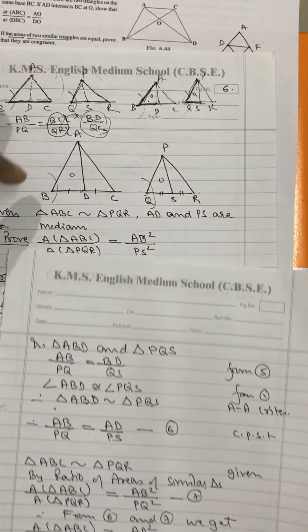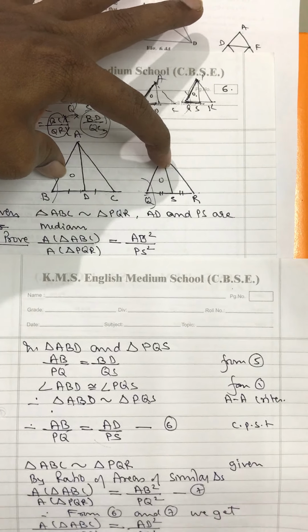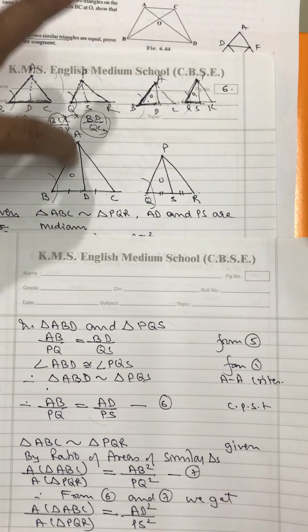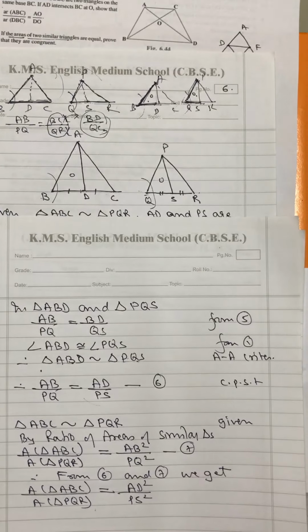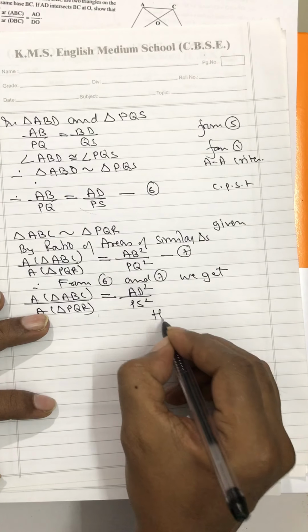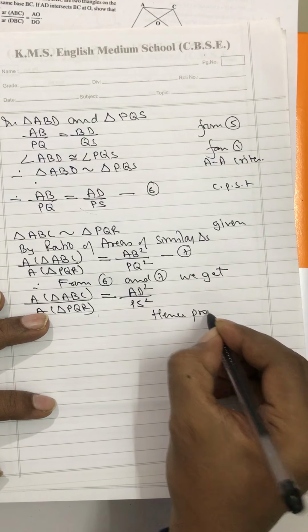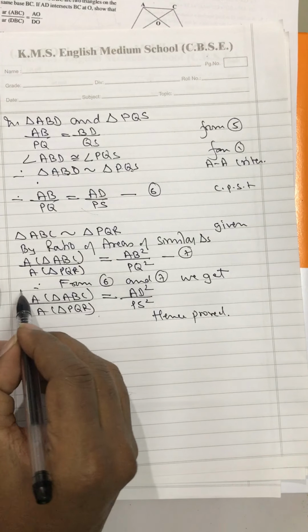That is what we have proved. Ratio of areas of similar triangles is equal to the square of the ratios of their medians. Hence, proved.